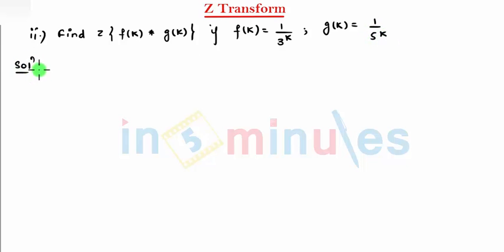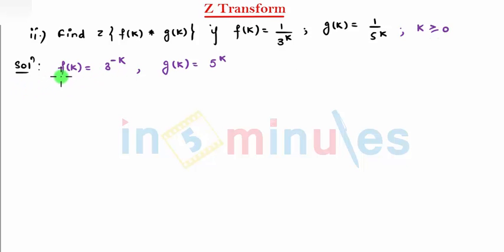Therefore we can say f of k as 3 raised to minus k, g of k as 5 raised to minus k. Now in this, students, it is given that k is greater than equal to 0.